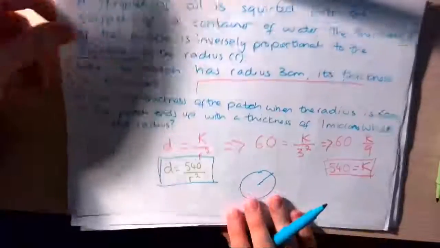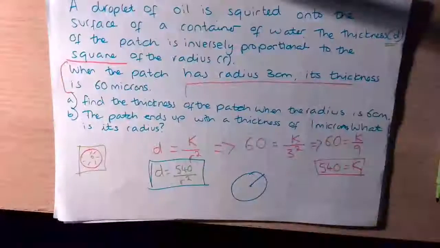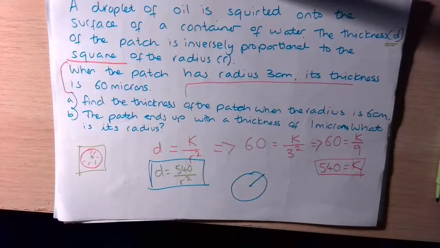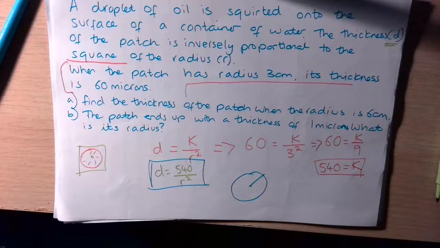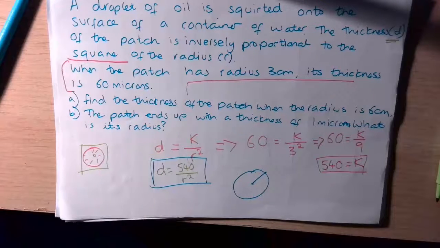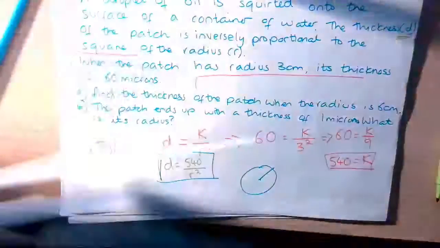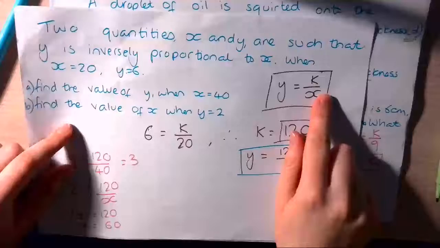Right then, so there's your questions. Make sure you've taken notes on those, please. Go back and pause if you need to get the notes down into your books. Really important, particularly these equations, the main one here for inverse proportionality.